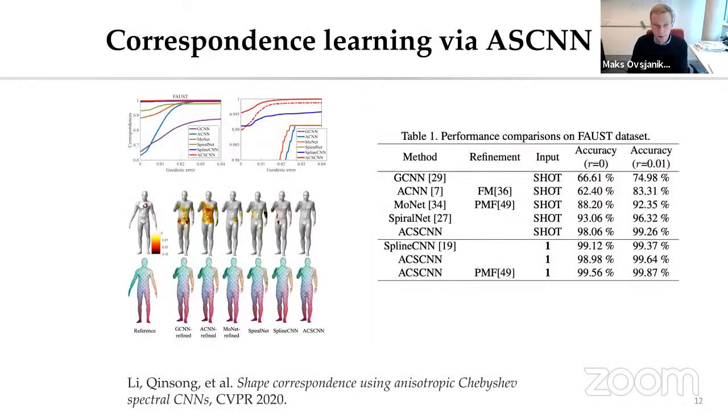To give an example of this kind of approach, using cross entropy loss and an advanced version of a GCNN, this is a paper from last year's CVPR called ASCNN. This is exactly what they do: they have an advanced GCNN and they use this cross entropy loss. If you look at the errors that they get, these are the kinds of plots you see in shape matching, with the geodesic error on the x-axis and the percentage of correspondences below a certain threshold on the y-axis.